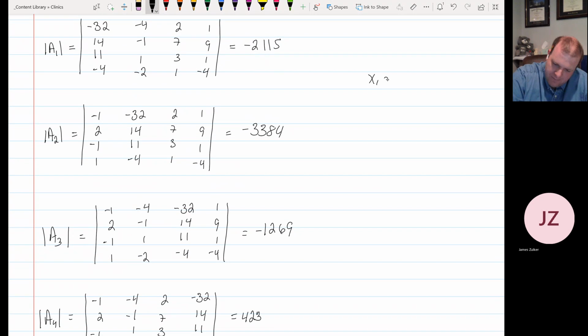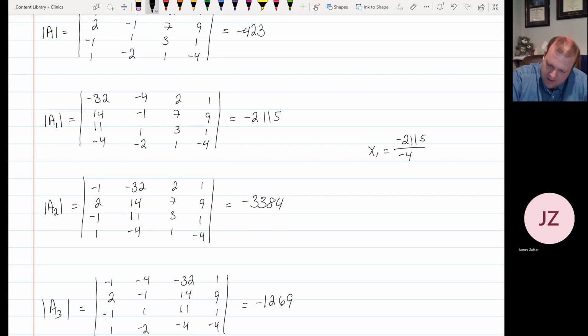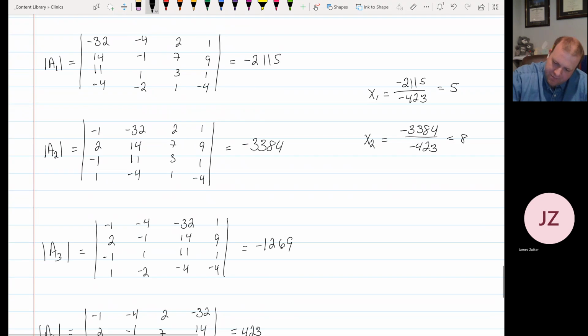X1 would be the determinant of A1 divided by determinant of A. We get 5. X2 is the determinant of A2 over determinant of A. We get 8.